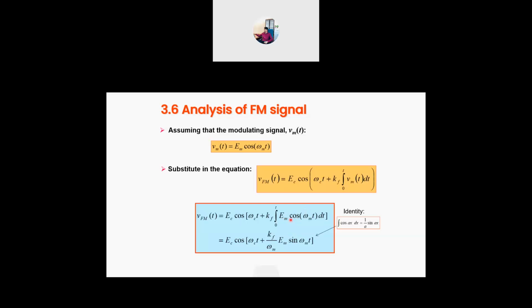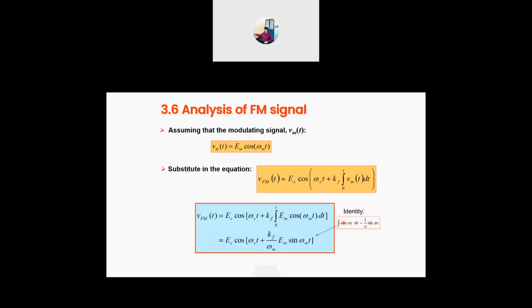So we have cos, you integrate, you get sine, and then omega mt, you differentiate, you get this omega m. KF is a constant, so you just put it out, it's not going to be integrated. KF EM is also just a number, so we just integrate this one. The identity being used here is the integral of cos ax dx equals 1 over a sin ax.